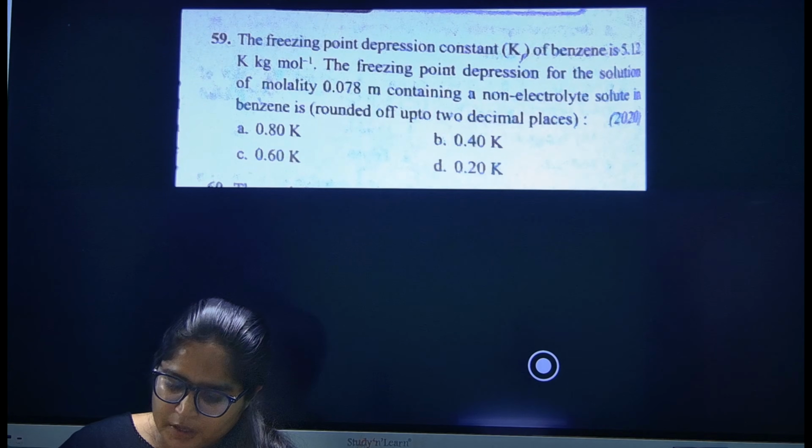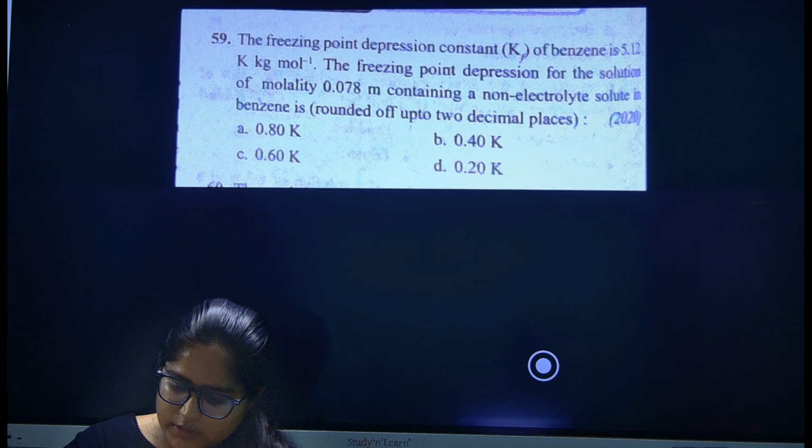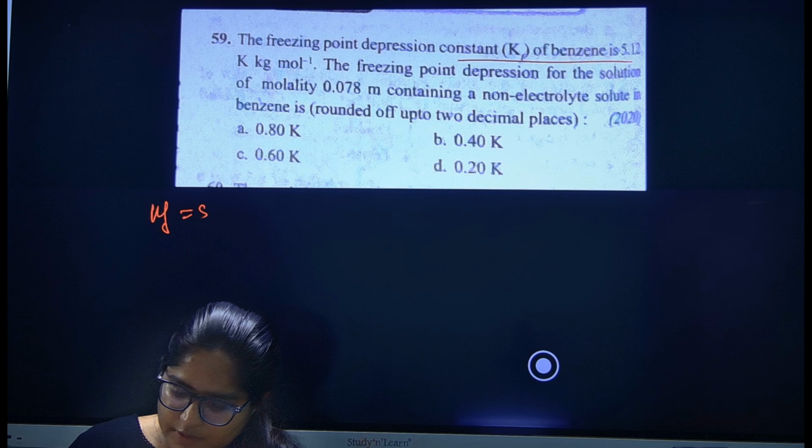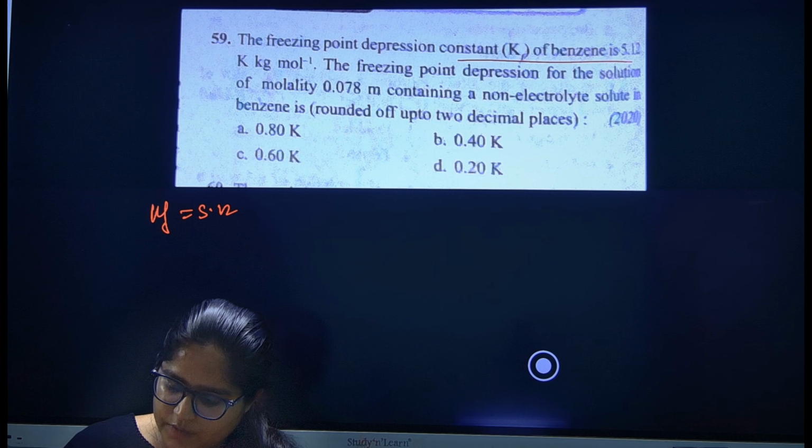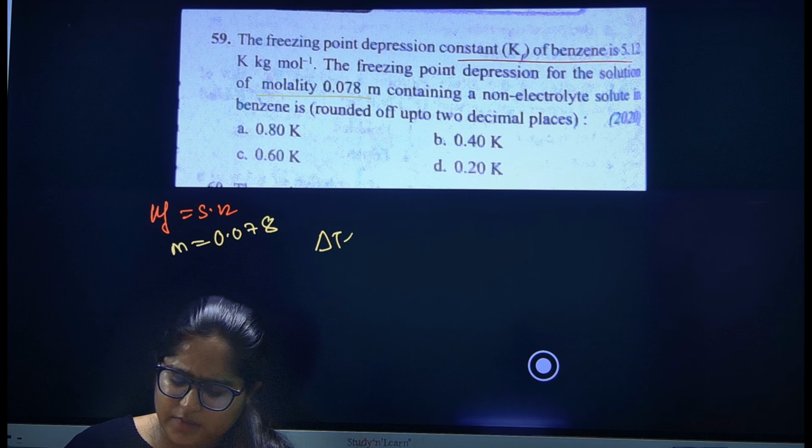Let us solve here. The freezing point depression constant Kf of benzene is 5.12. The freezing point depression for the solution of molality 0.078 containing non-electrolyte solute in benzene is... They are asking delta TF.